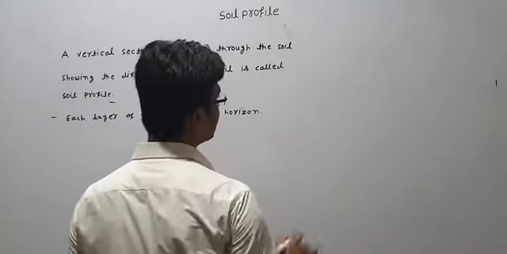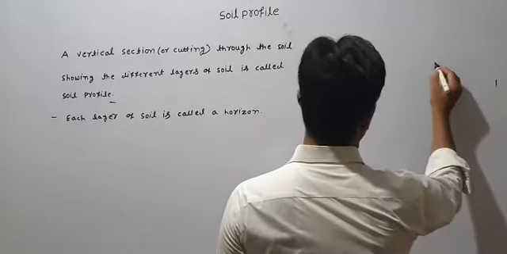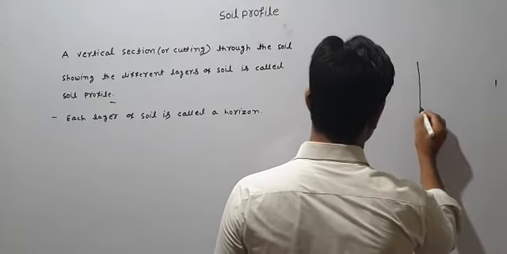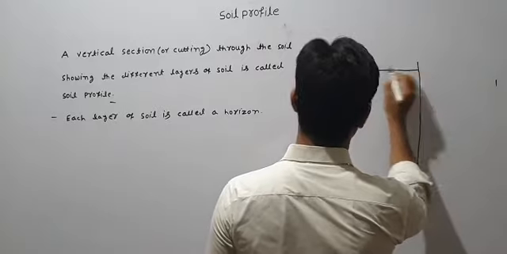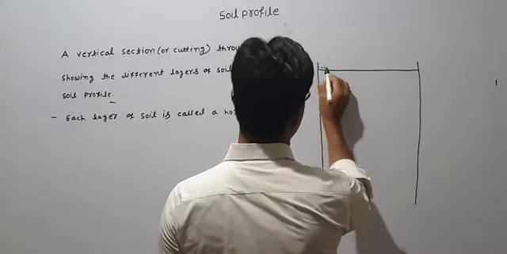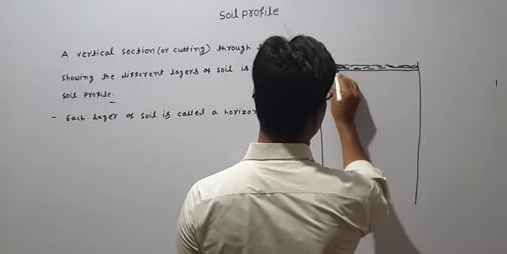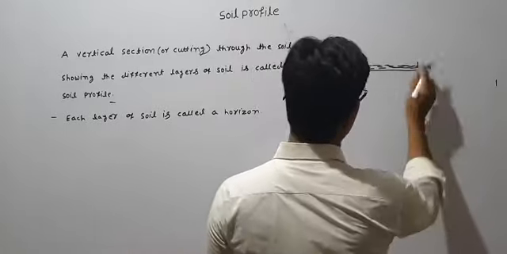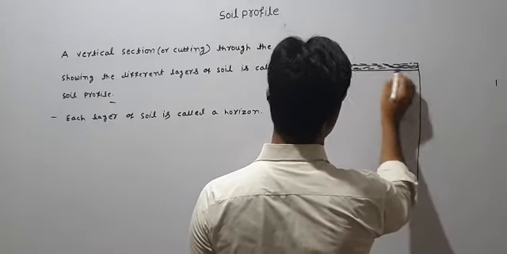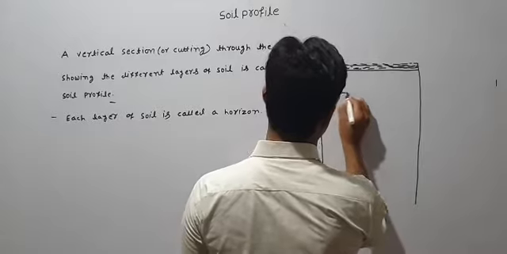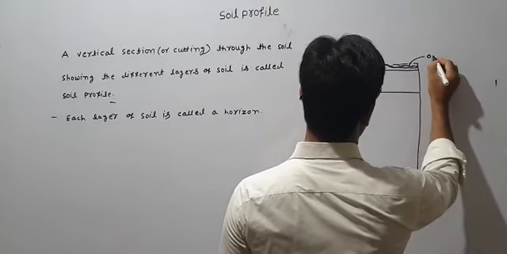See, these are the layers. Suppose the first layer I have, the topmost here, the first one on the top, is called the O horizon.